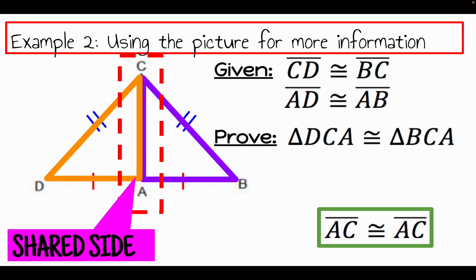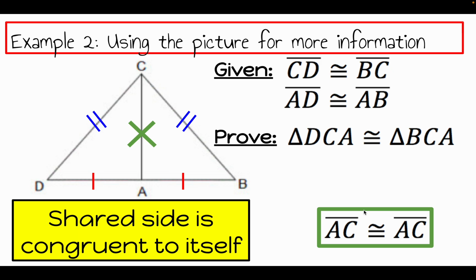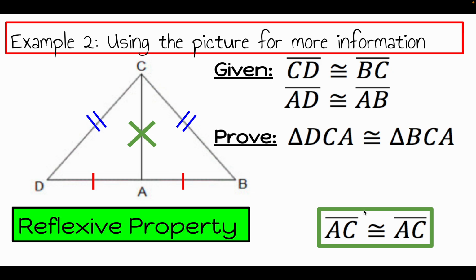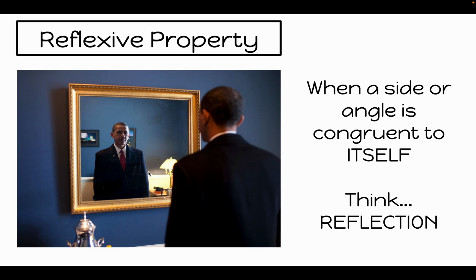And this is a very special property. We need one more side, SSS, to prove triangle congruence. This is called the reflexive property. To show that it's a shared side, you put an X instead of 3 tick marks. Think of reflection. It sounds like reflexive. It's when a side or an angle is congruent to itself.